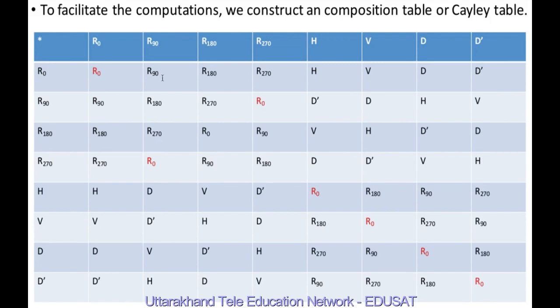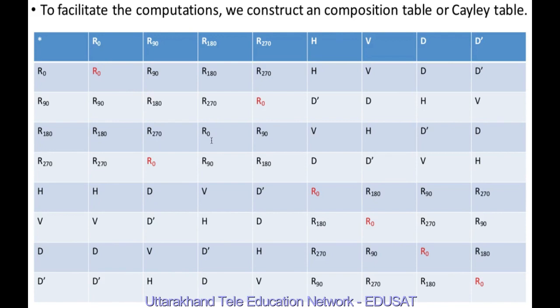So the elements towards the right and below R0 are the same, but in the second diagonal, the elements towards the right are R270, R0, D dash, H, V and below are R270, R0, D and D dash. Here it was D dash and D, it is D and D dash. So the elements towards the right of R180 and below R180 are not the same.